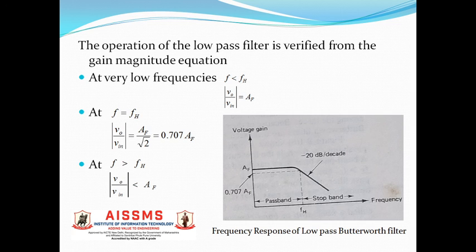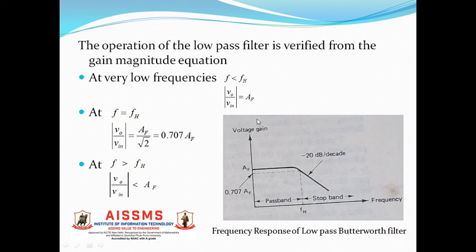That is, the gain decreases by 20 dB. That is why it is written as minus 20 dB per decade, right? In other words, the gain decreases 20 dB each time the frequency increases by 10. So this is how the frequency response of the low pass filter looks.